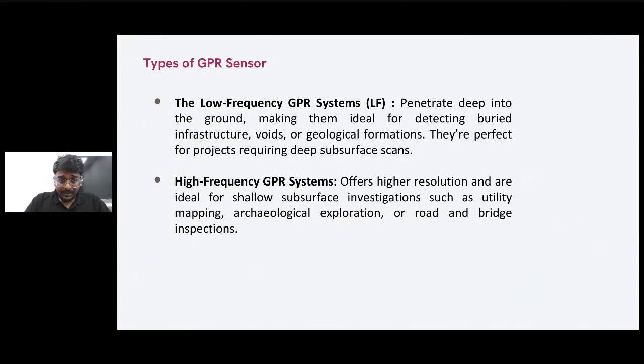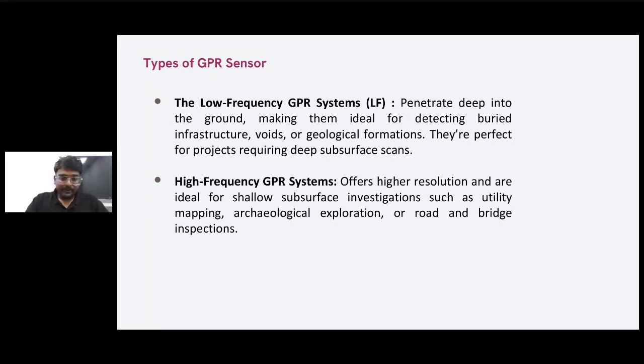So low frequency GPR systems are perfect for projects that require deep subsurface scans. High frequency GPR systems, on the other hand, produce radar signals of higher frequencies, which can detect small objects compared to low frequency GPR. But the penetration depth that these signals travel is limited. As the frequency increases, the penetration depth decreases.